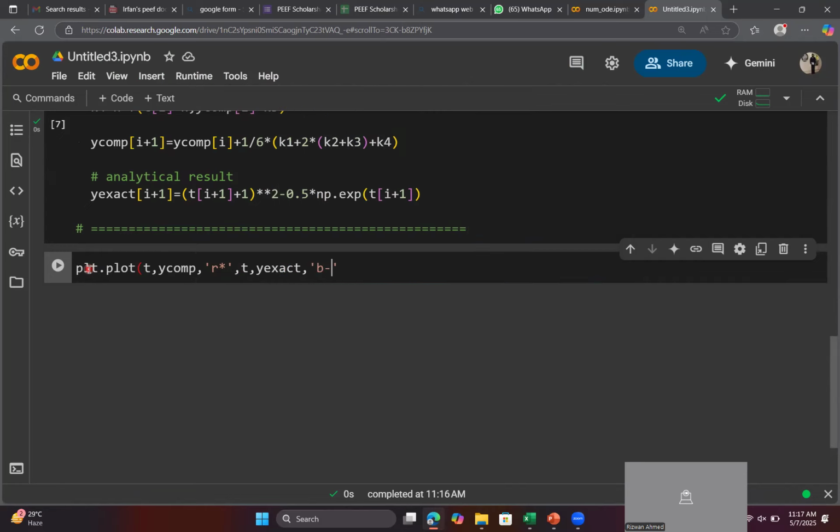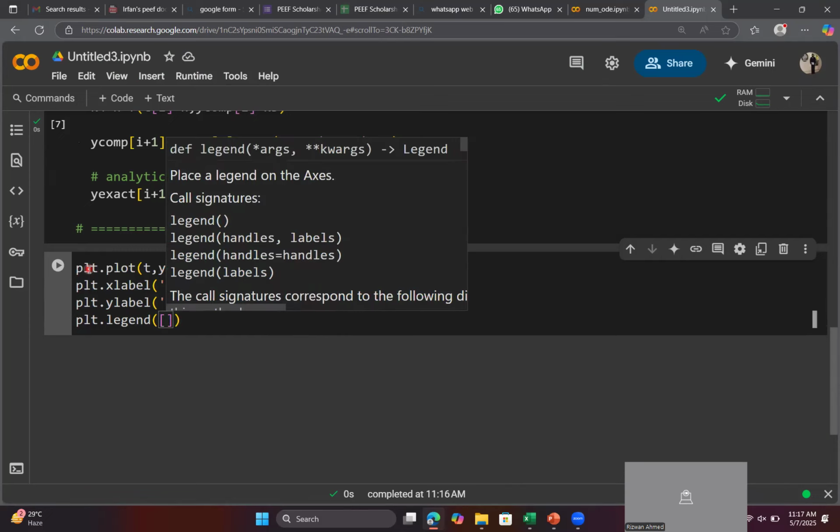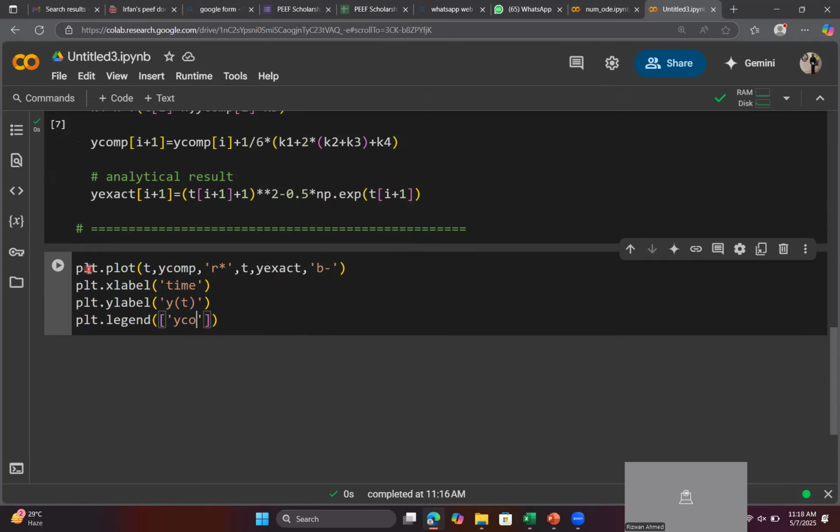Since it is the analytical result. And PLT x label as time step, and PLT y label as the solution y of t. And I must have legends since I'm going to plot two curves here. So the first one is y computation with the RK4 method, and the other is the analytical.